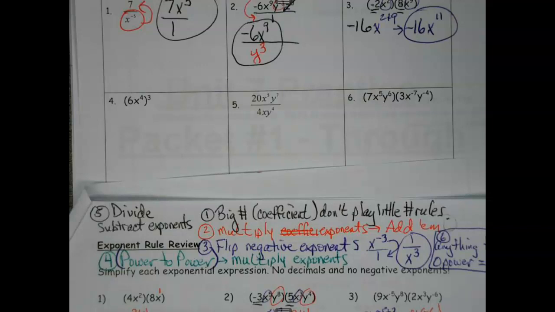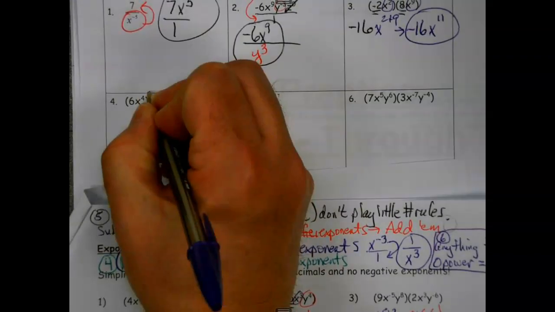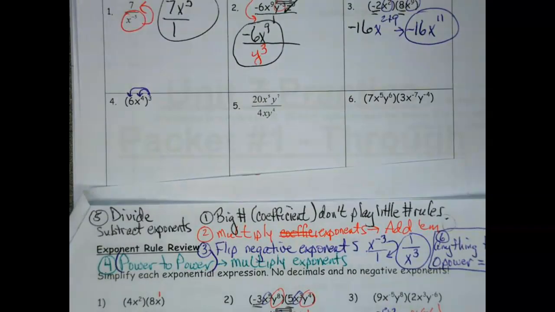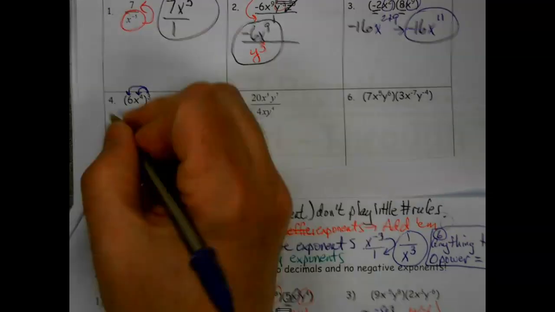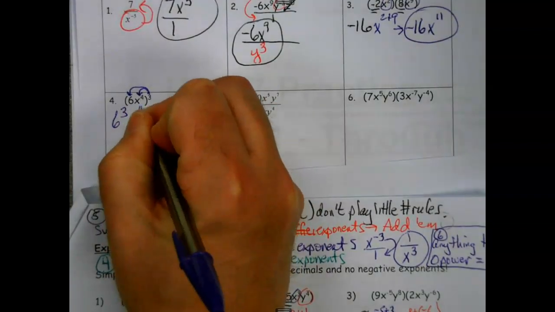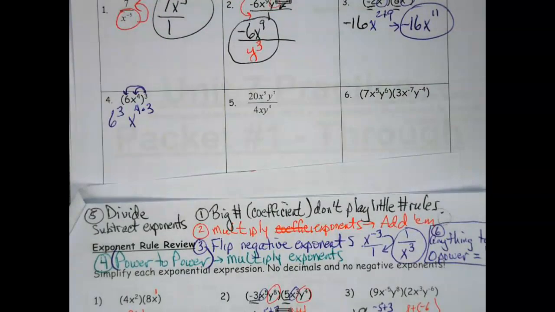As we mentioned yesterday, if you're looking at your note sheet, it's just like number 4. That 3 is going to go to both the 6 and to that x to the 4th. So I'm going to have 6 to the 3rd and x to the 4 times 3.